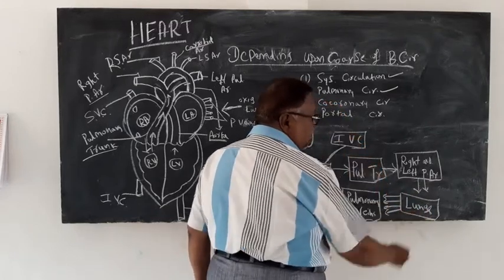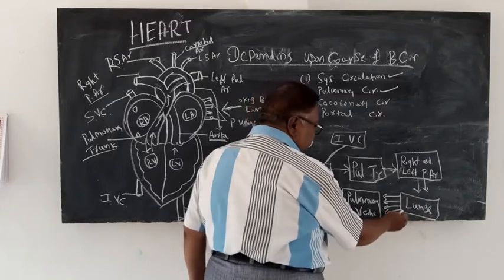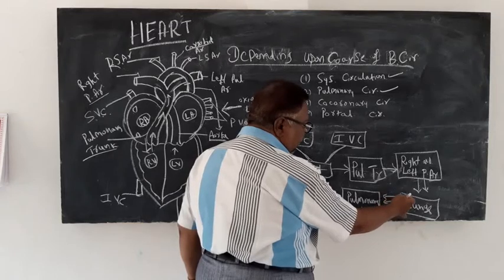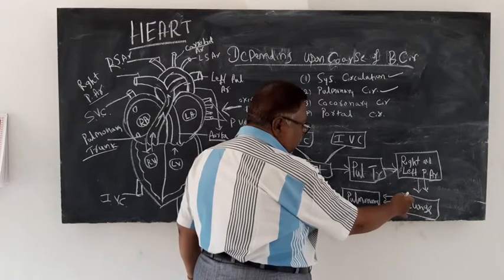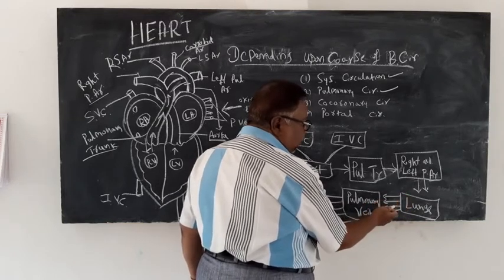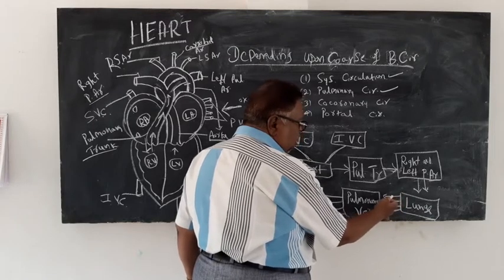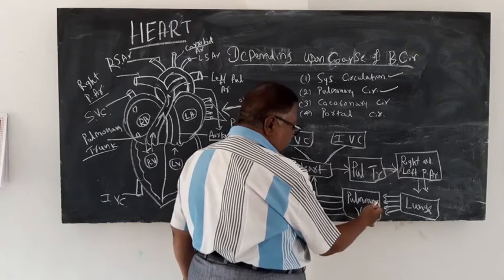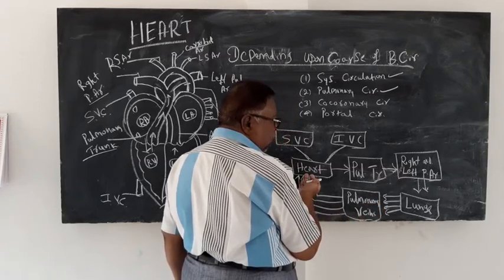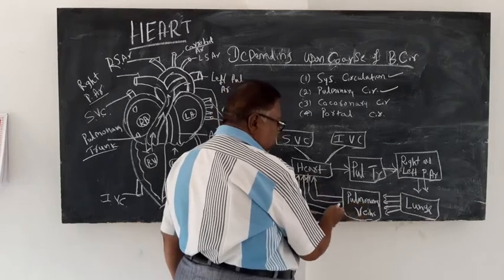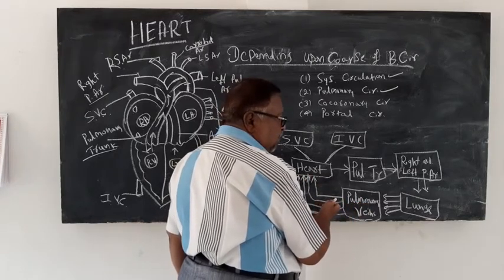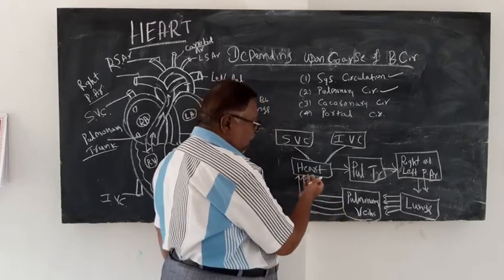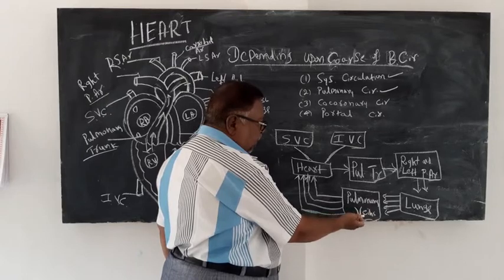Here, the oxygenation takes place, and this oxygenated blood is brought by the pulmonary veins. 4 pulmonary veins come out from the lungs, 2 from the right side, 2 from the left side. So these 4 pulmonary veins come out from the lungs and bring the blood back to the heart. The lungs give the oxygenated or purified blood to the heart, and it is brought by the pulmonary veins.